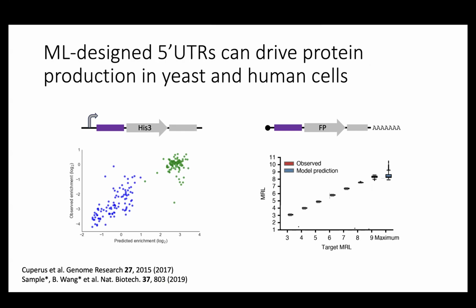We did similar things with these human 5' UTRs that I mentioned earlier. This is a bit more general. For human 5' UTRs, we designed 1,000 sequences each, targeting every value of mean ribosome load from about 3 to 10. A mean ribosome load of 3 is essentially a badly translated mRNA; 4, 5, 6, the higher you go, the better translation is. So these tight gray histograms show 1,000 sequences designed to target each of these values.